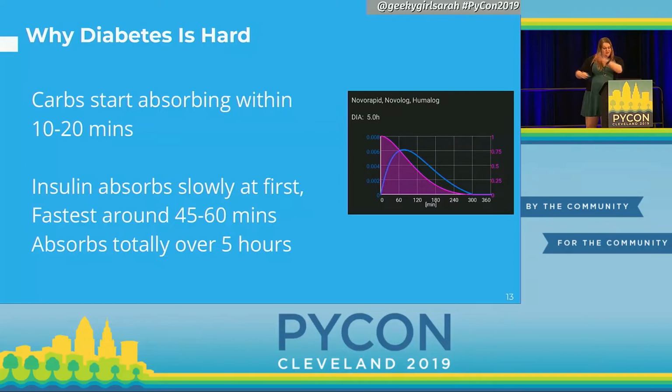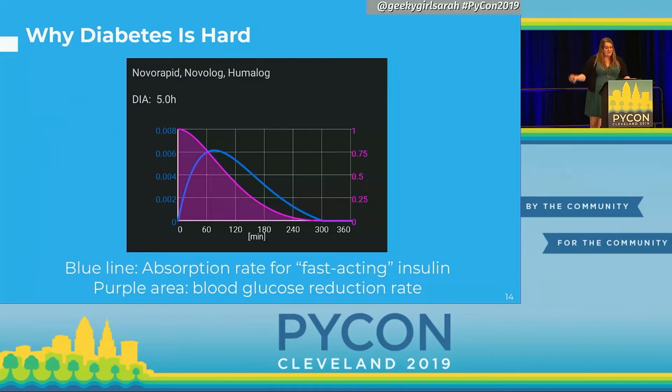So there's this really weird curve. Here, the blue line is the absorption rate for insulin. So it kind of picks up in about the course of an hour and then tapers off over 5. And the purple area is your reduction rate of that glucose in your bloodstream. So it kind of starts going down slowly, dives down really fast.